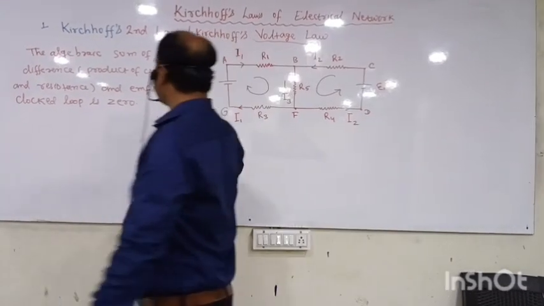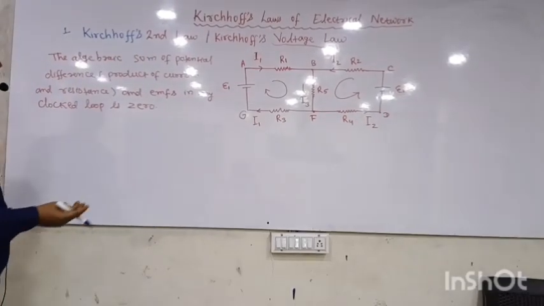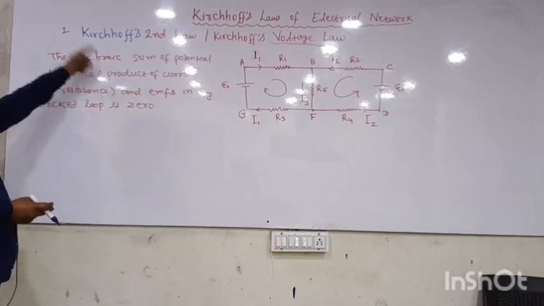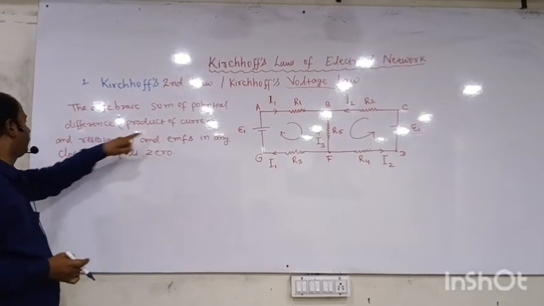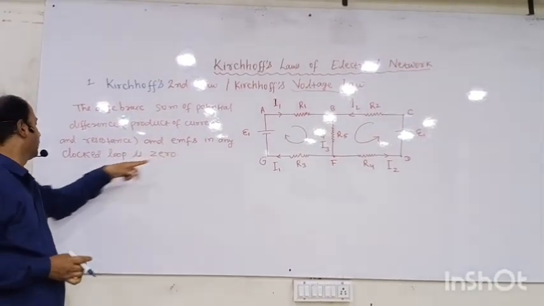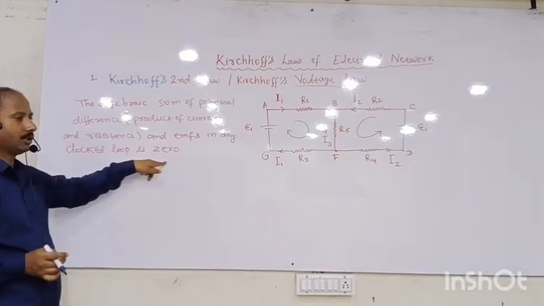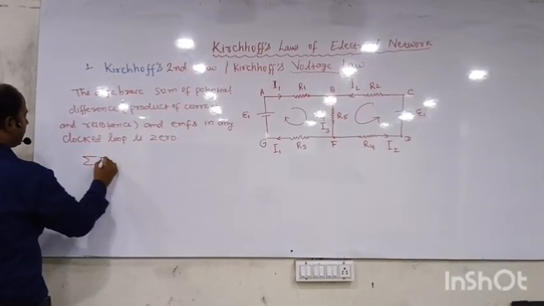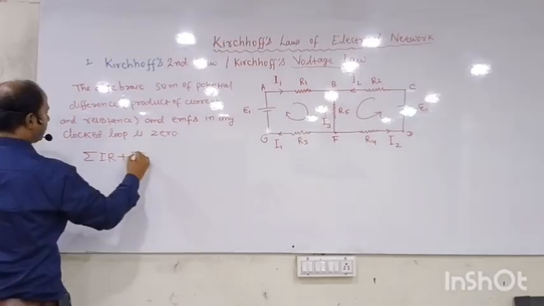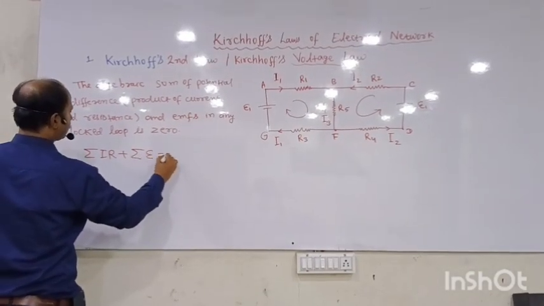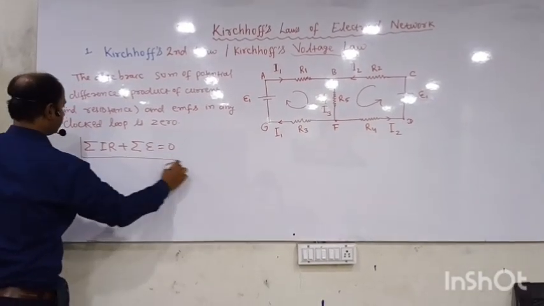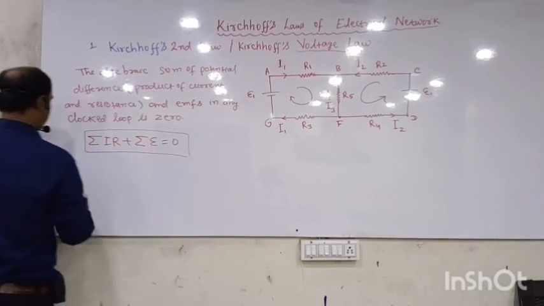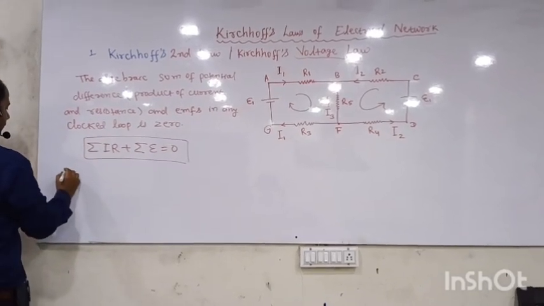So in any electrical network, the algebraic sum of potential differences, that is the product of current and resistance, and EMFs in any closed loop is 0. That is, sigma IR plus sigma E equals 0.